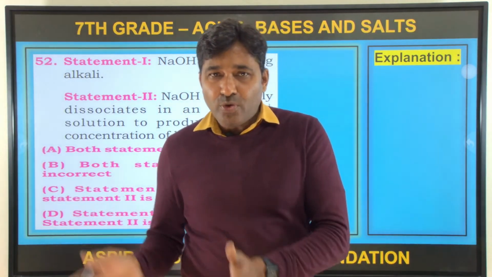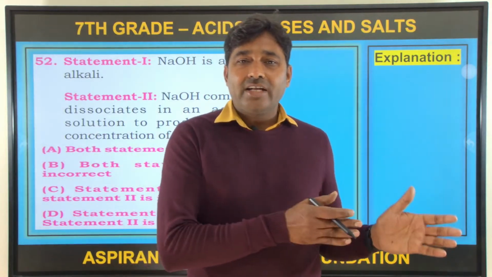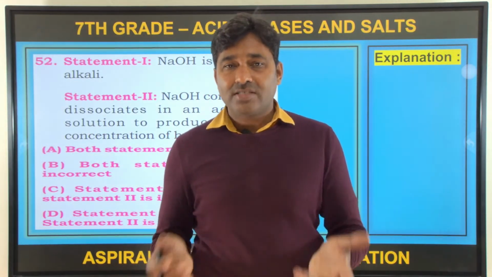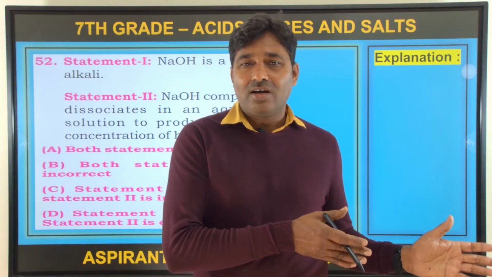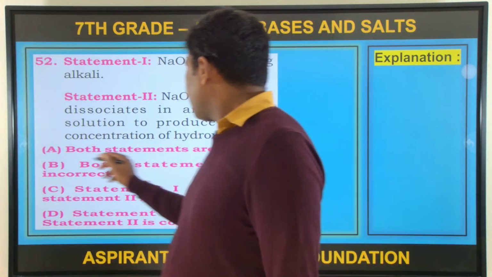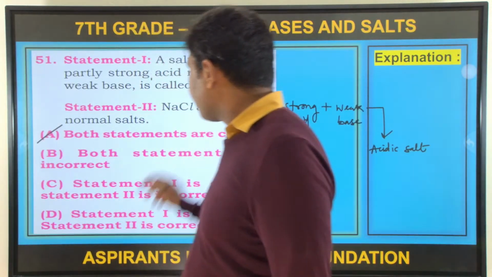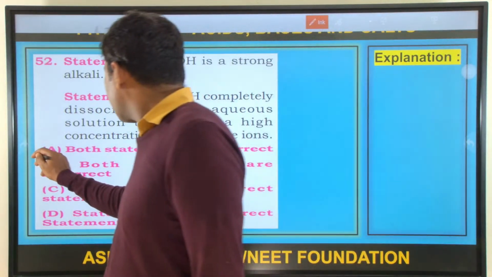Because when we dissolve it in water, it completely undergoes the ionization process and produces hydroxide ions. So therefore it is considered a strong alkali. Both the statements are correct. Therefore option A is correct.